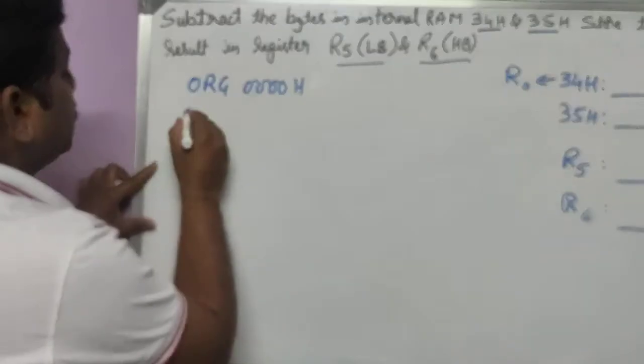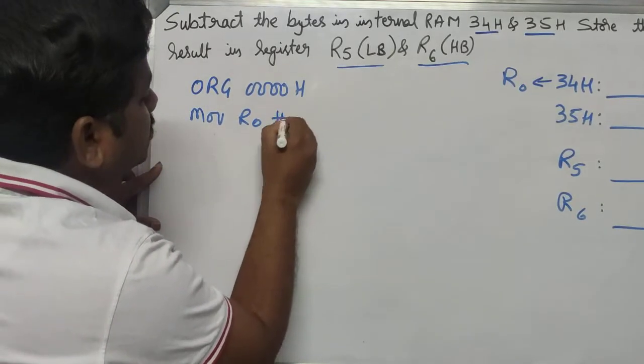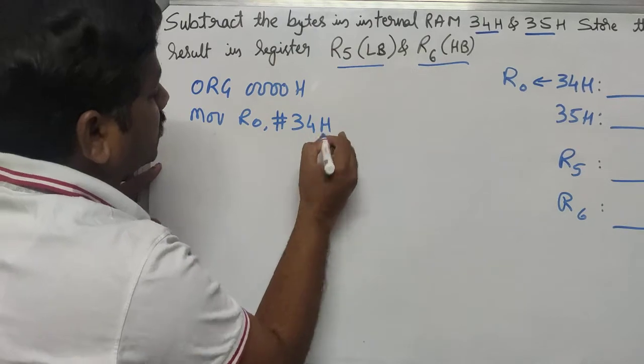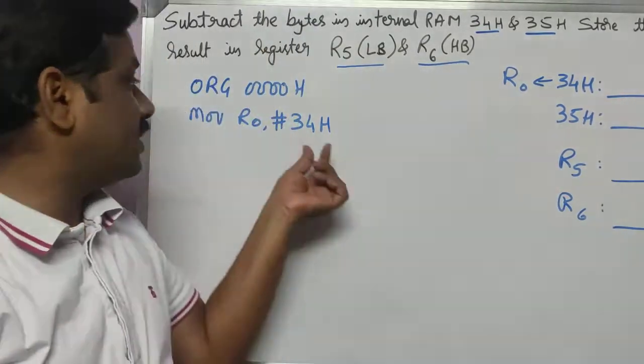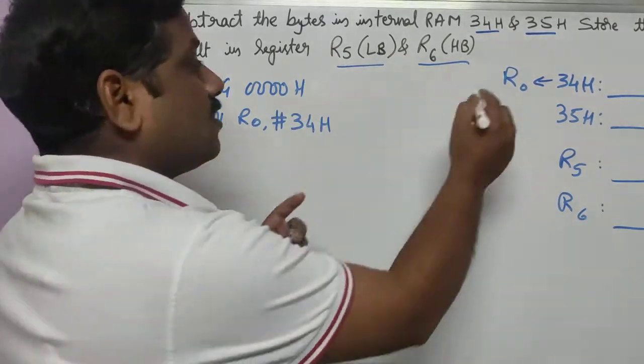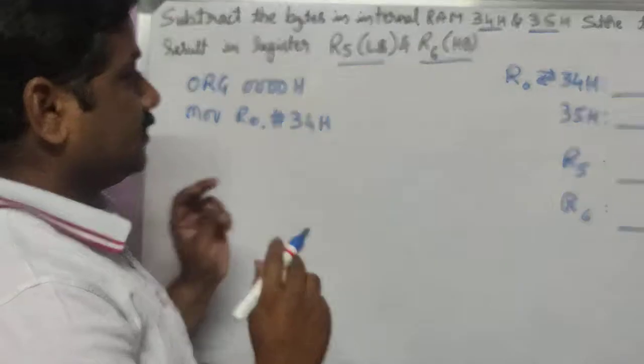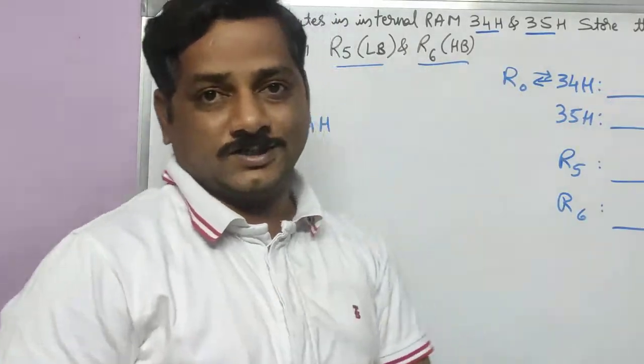To assign that, I use the instruction MOV R0, #34H. This is the immediate addressing mode. When I write 34 after the pound sign, you get that into R0. So R0 is assigned as 34H. We know that the first data is at that 34H.